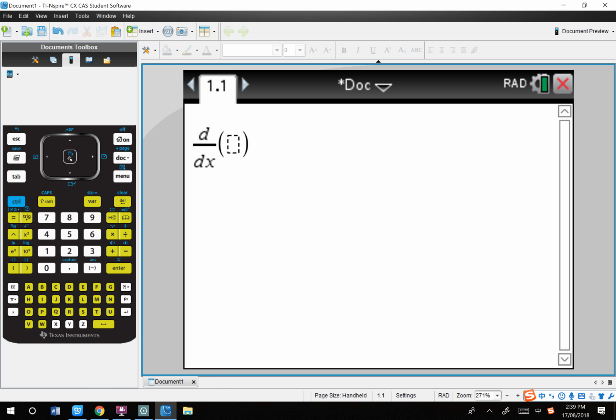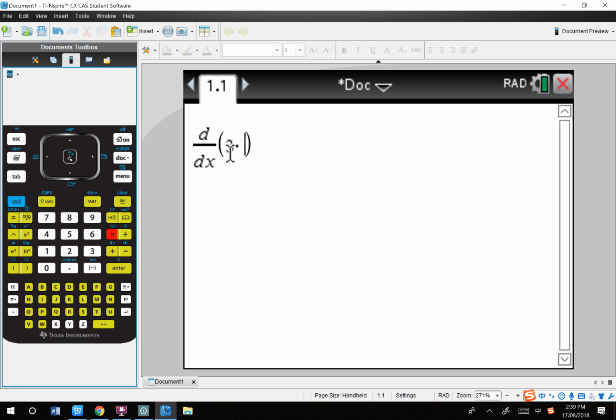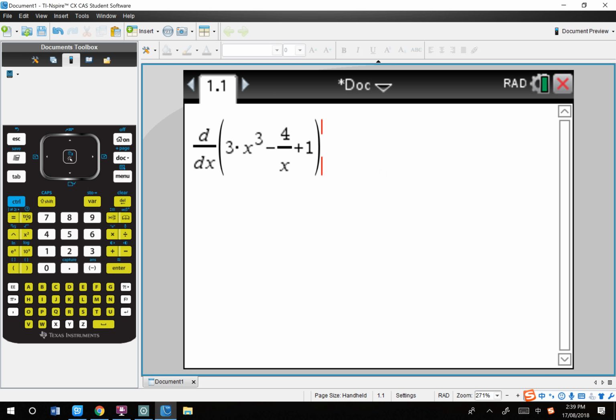d dx of 3 times x cubed plus minus 4 over x plus 1. Okay, what I want to say here is this bottom variable should be the same variable as inside.